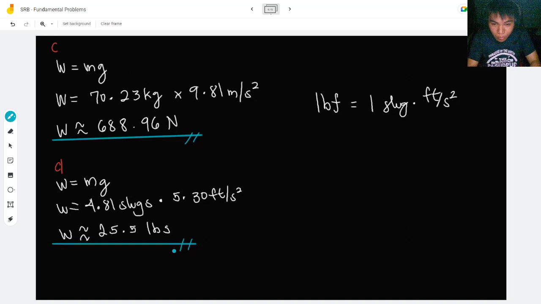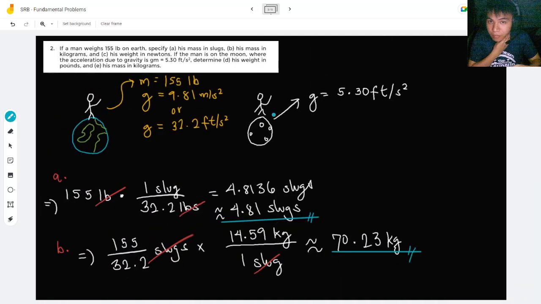Okay, moving on. For E, it is the same as the one we have on B, since mass is a scalar and it's constant, so the mass won't change even if you're on the moon. Only the weight, since it is a vector unit and it's affected by gravity.